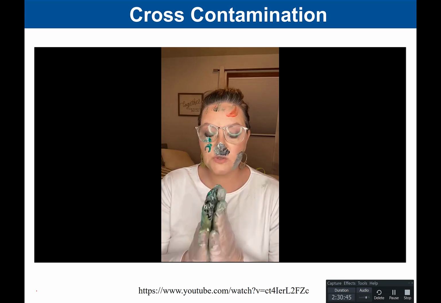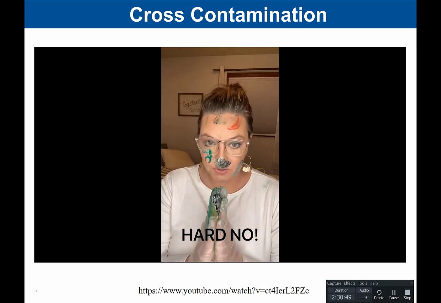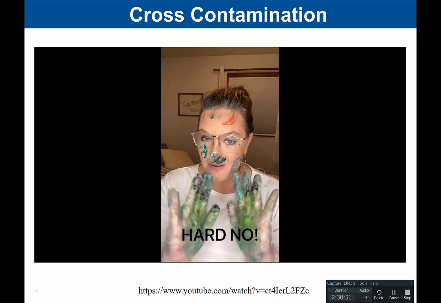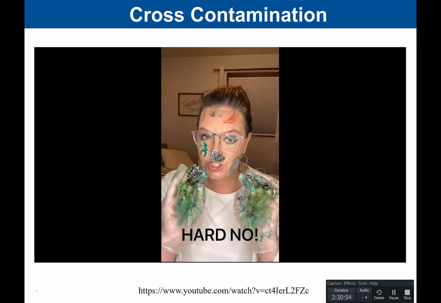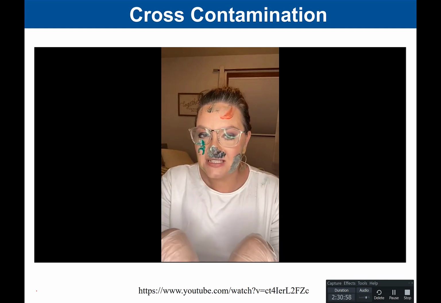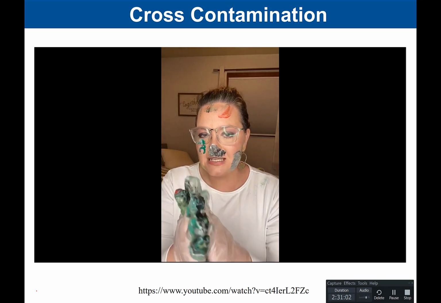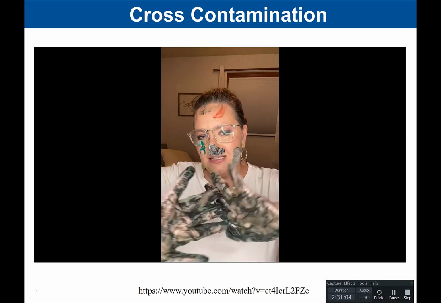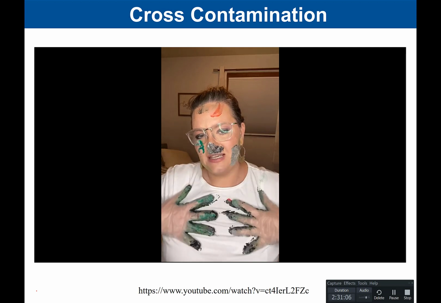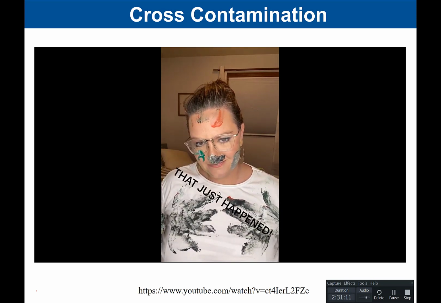No. Are gloves a replacement for washing your hands? Hard no. Let's not forget that by the time we go to the checkout, put our hands inside our purse, get our money, and pay the person, you might as well do this. And you might as well do this. Yeah, that just happened. Okay?